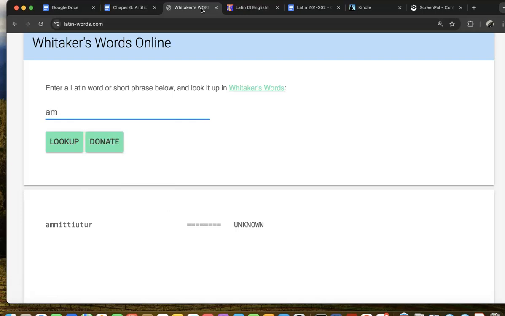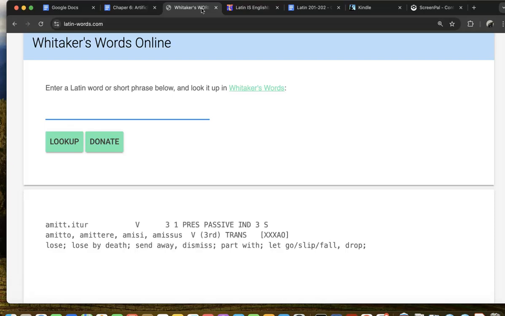Oops. There we go. Waking up, drinking a cup of coffee as we speak. So it's early morning here. Sun's not even up, as a matter of fact. So here's our present passive indicative, third person singular. Lose by death. I don't think it means that. Send away, dismissed, parted with would also work. I'm just going to keep it simple and say lost.